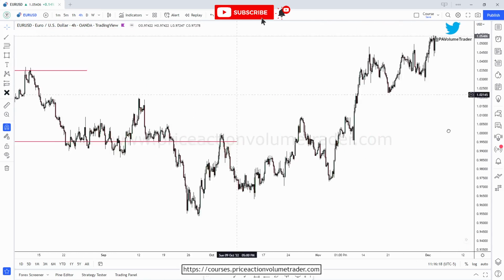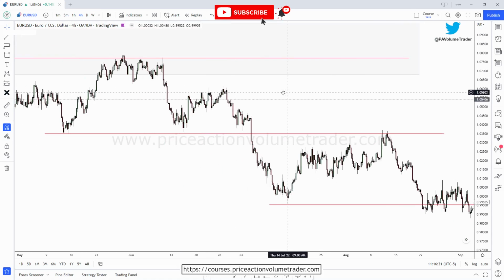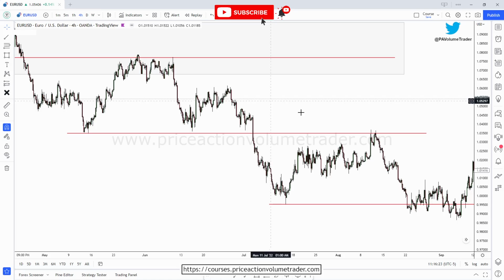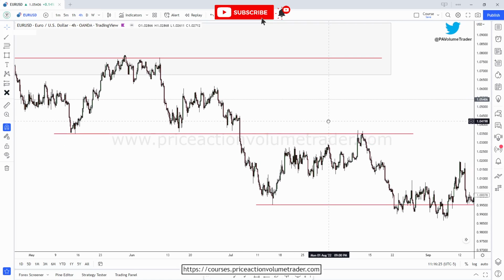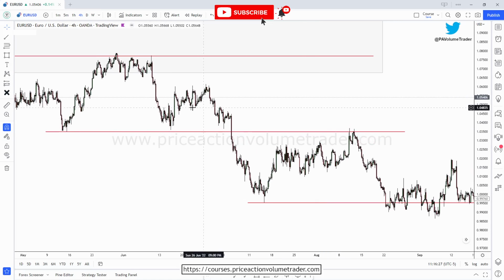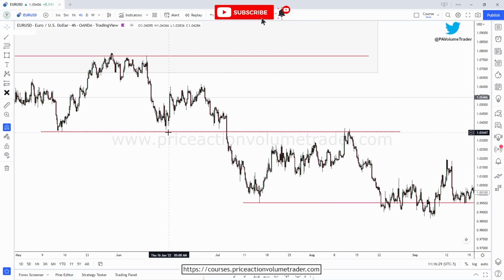But as you can see, if you go on the lower time frames, you can refine these things even further. For example, this is a 4-hour chart, and now you can see that we had a smaller swing level here.